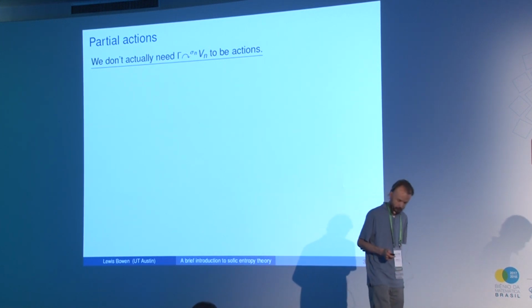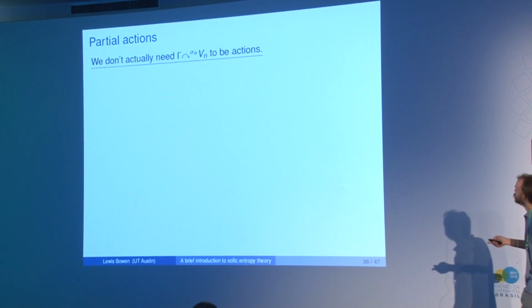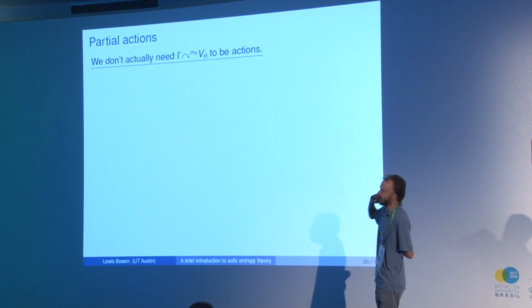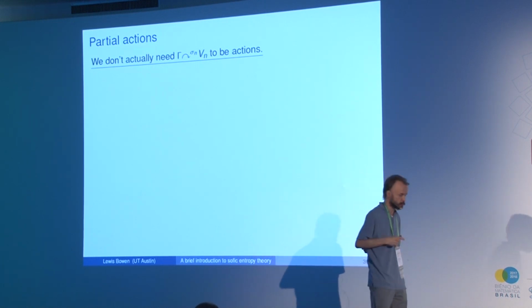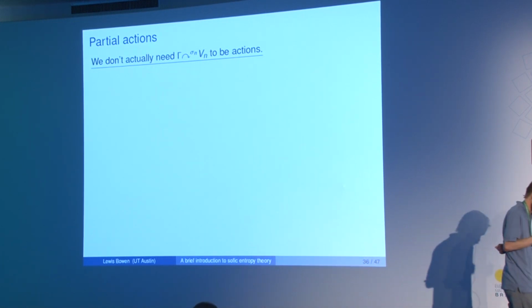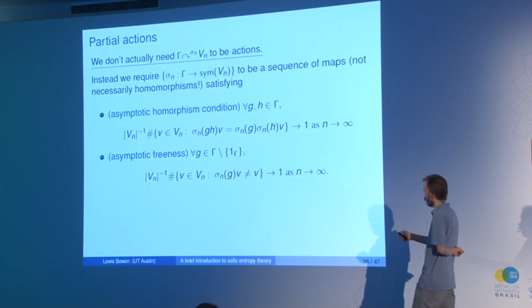Okay, so this slide should have gone before the other one, but oh well. So it turns out that we don't actually need actions on finite sets. At this point, we've assumed that we have actions on finite sets, but we don't actually need that. All we need is the following.